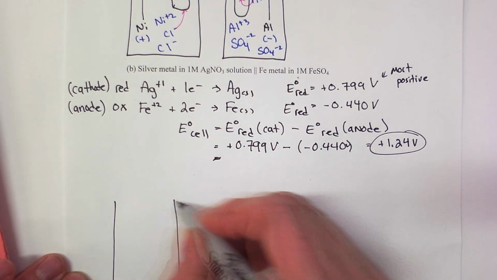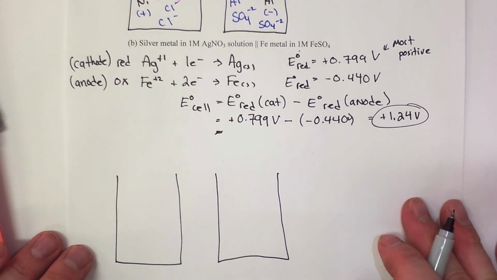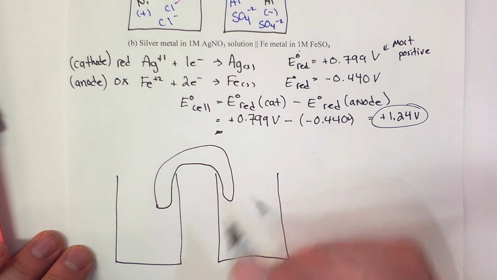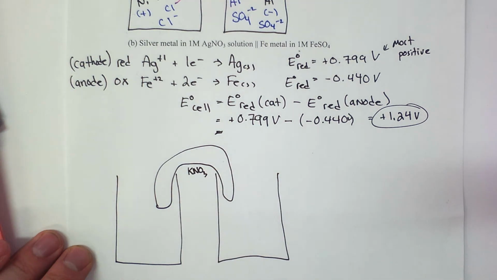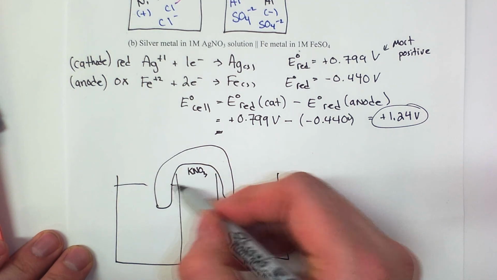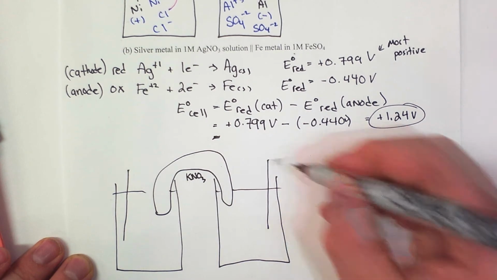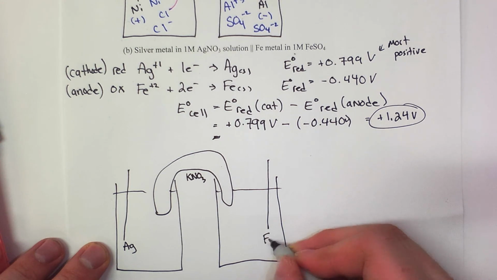So we draw out the cells again. 2 half reactions. Separate them by a salt bridge. Fill the salt bridge with potassium nitrate. Put your electrodes in. We have a silver one. We have an iron one.